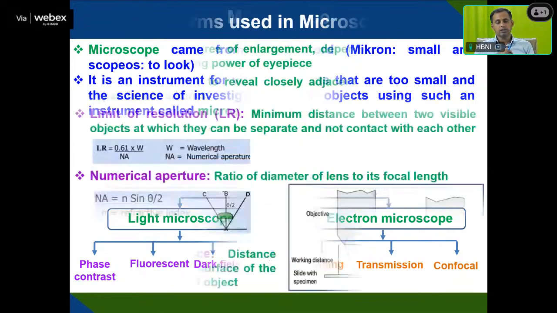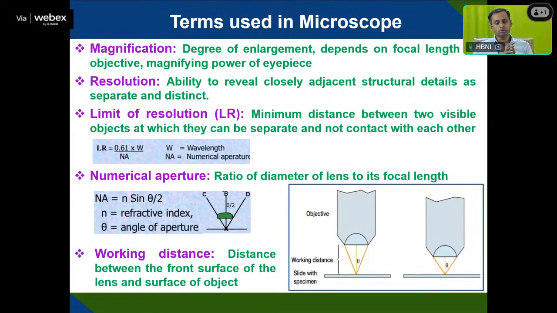The terms used in microscopy that you must have heard: magnification, which is how much a small object can be enlarged, the degree of enlargement. It depends upon the focal length of the objectives and the magnifying power of the eyepiece.